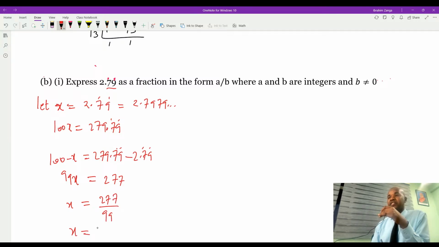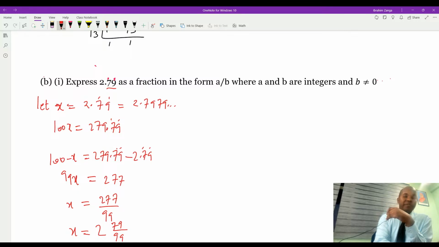Eventually, we'll be getting actually 2 and 79 over 99. You can easily verify that 2 times 99, then you add 79, eventually you'll be getting 277.